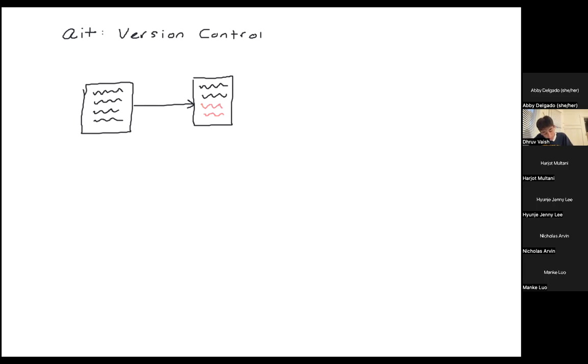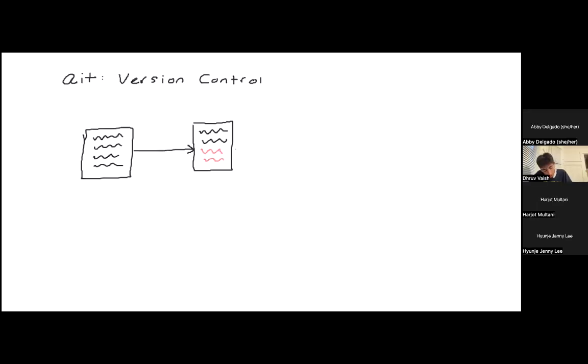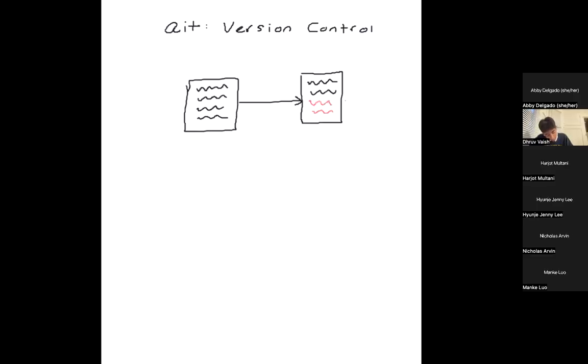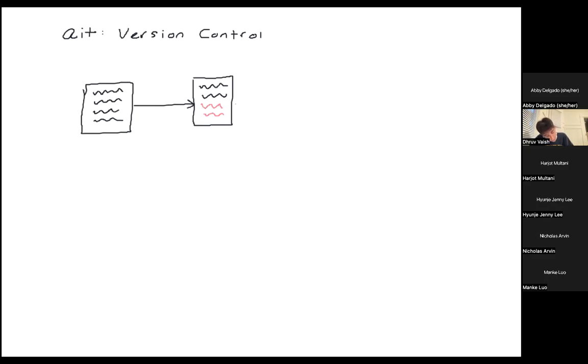Now let's say we take this file and we run it, and when we run it, it fails. I know that this works, but I know that this broke something.